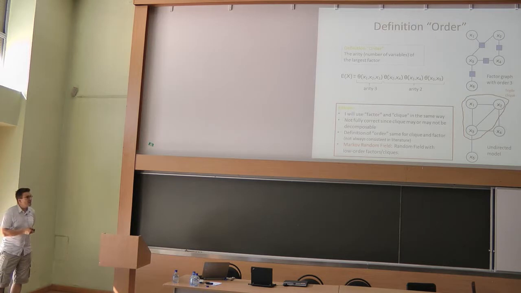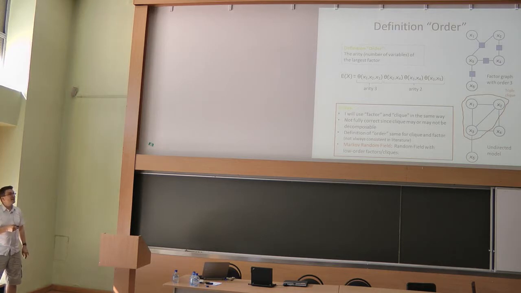So random field or Markov random field, the Markov property, and Andrew Blake already hinted towards that, is that the random field has low order factors. It really isn't largely connected. There are not many higher order factors which connect to a lot of variables. We have most of the time pairwise or triple cliques, some low order factors, and that's called the Markov property.